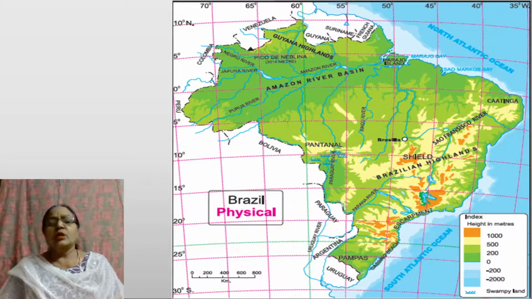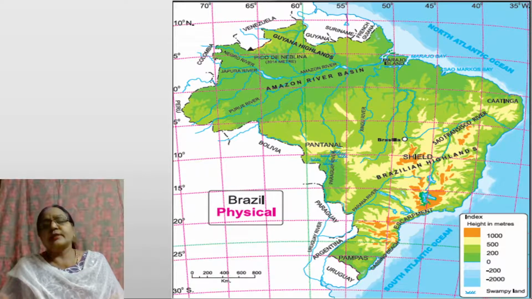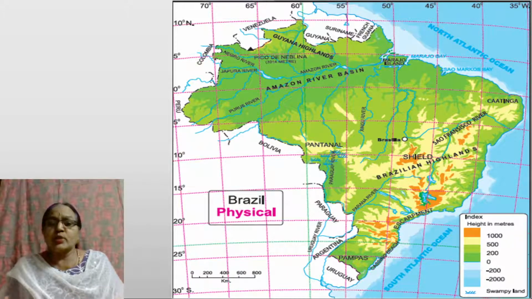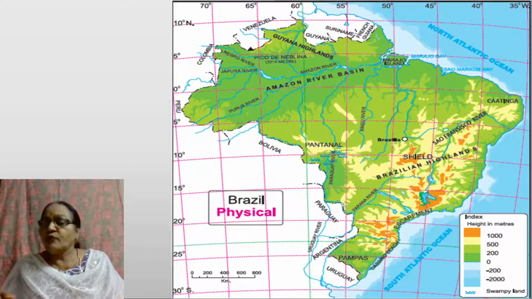This is because the Amazon gets water from so many tributaries that the volume of water in the river is so much that the sediments collected by the river just get washed away. So at the mouth of the river, no delta is formed, but you can find islands. Marajo Island is formed as a result of deposition of sediment.